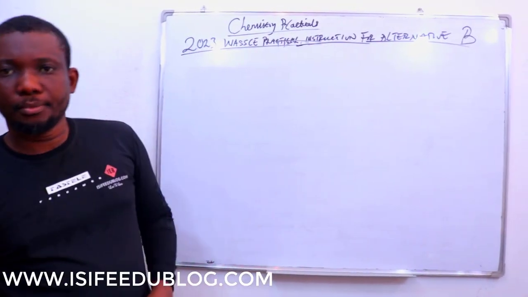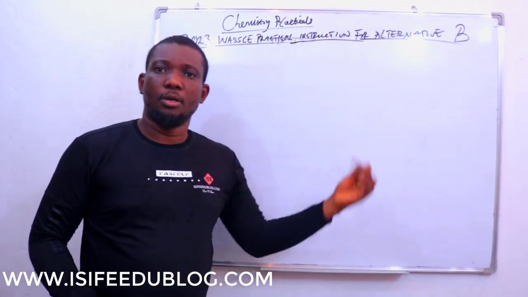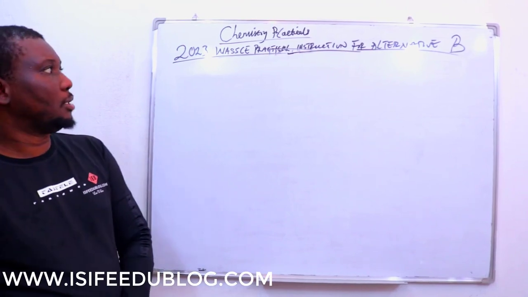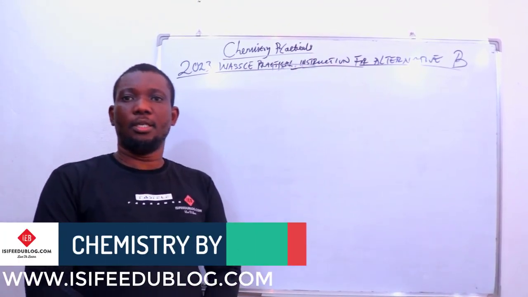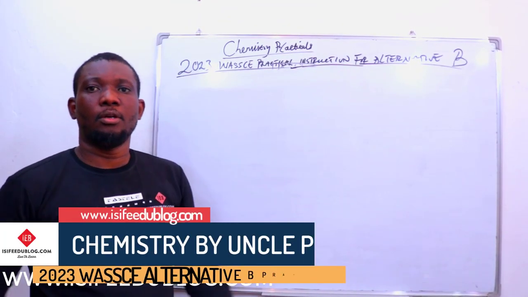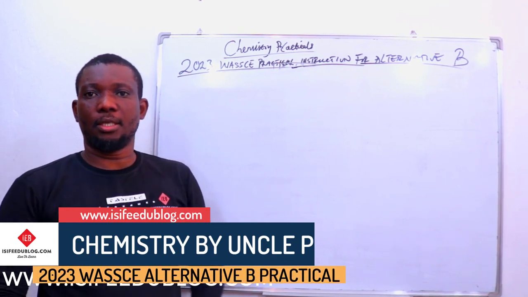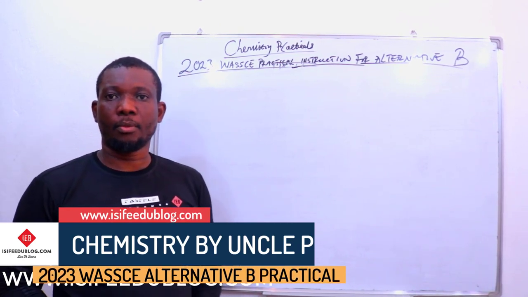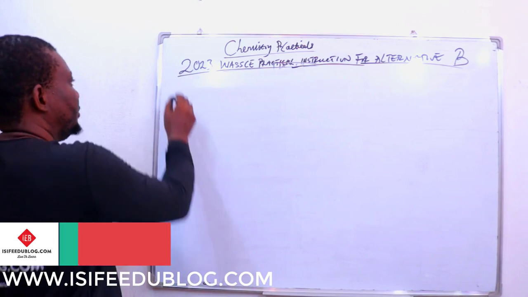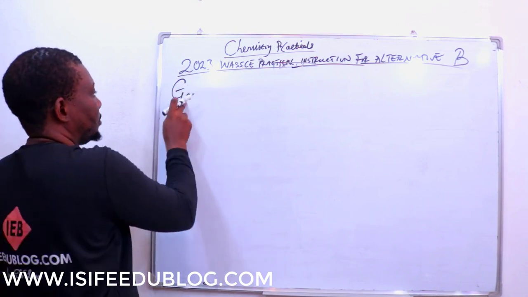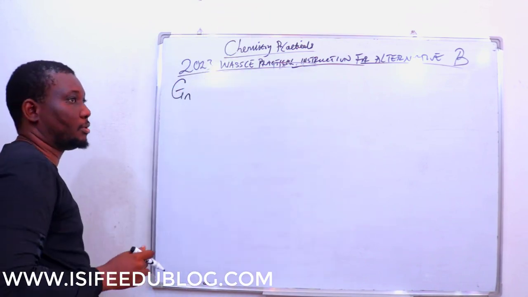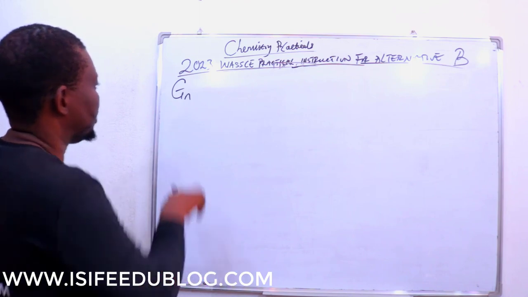Okay, in this second part of the 2023 WAEC SAC practical, on number 2, that is identification of ion. The salt G here, say Dn, where N is the serial number of candidates.